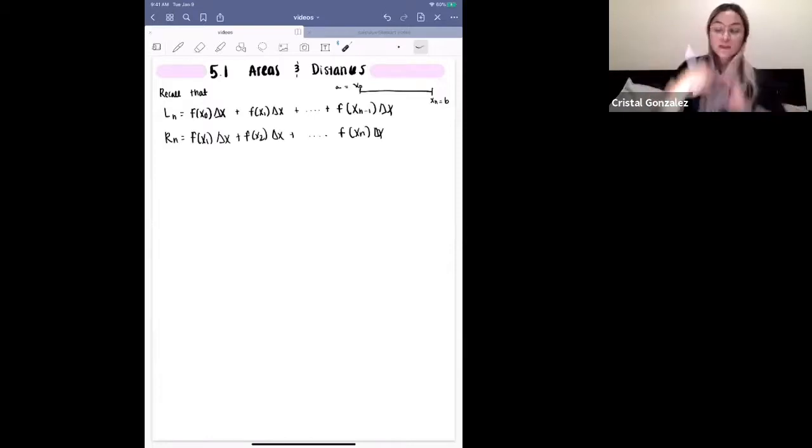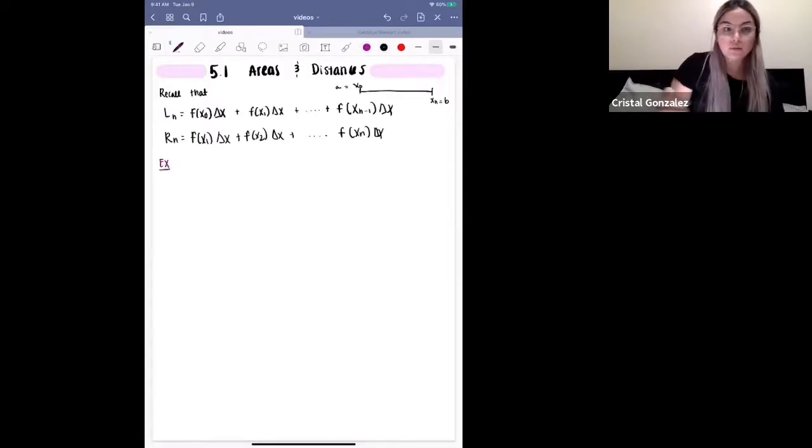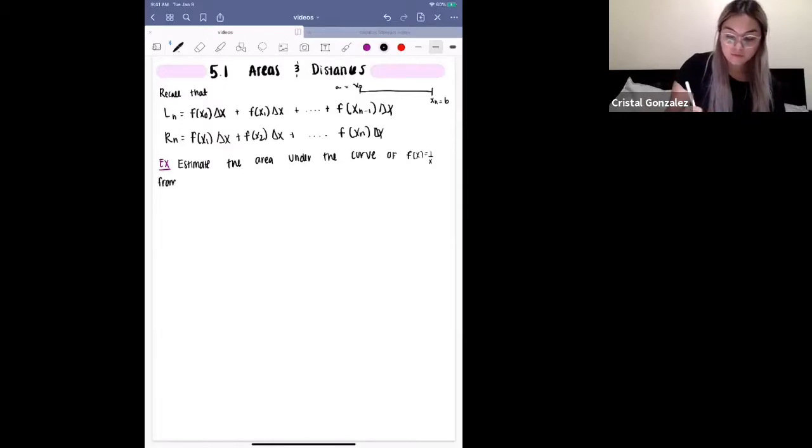So now let's go ahead and do an example. For an example, we're going to estimate the area under the curve of f of x equals 1 over x from x equals 1 to x equals 4, or the interval 1 comma 4.